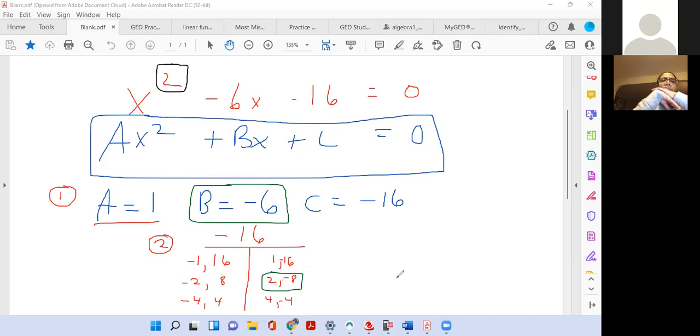So what should I write? How is this quadratic equation factored? I'm going to use this 2 and this -8. What am I going to write to factor this quadratic equation?